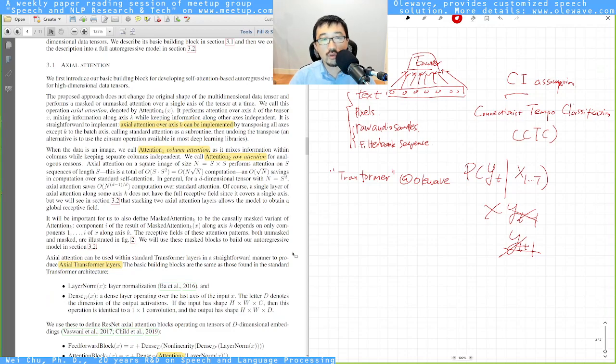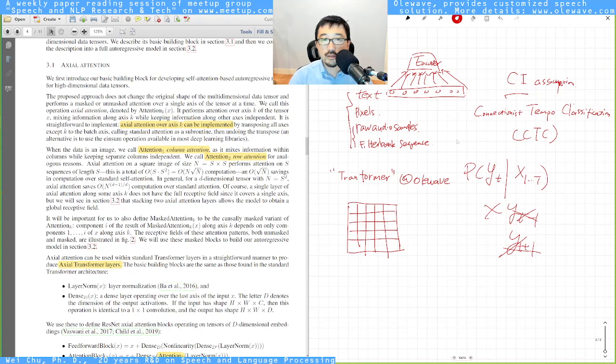They first talk about axial attention. What does that mean? Okay, suppose you have a channel of the image, or a speech spectrogram. It's 5 by 5.